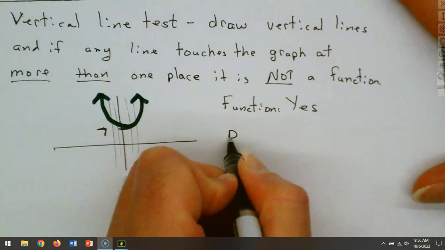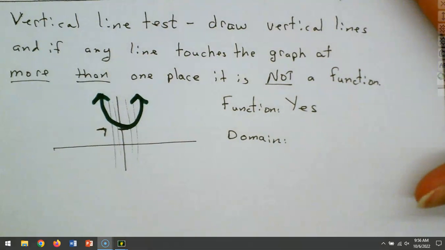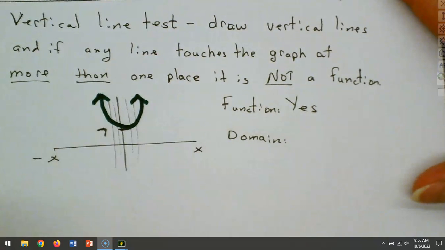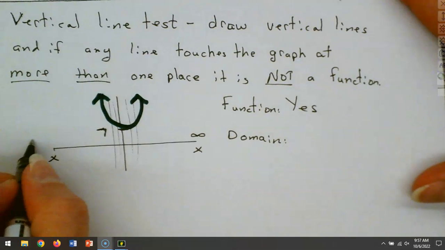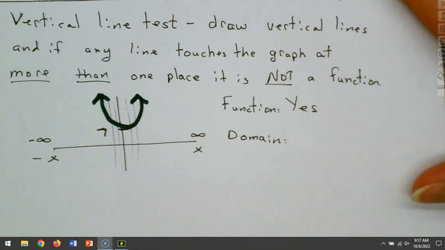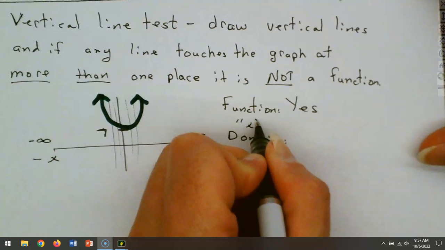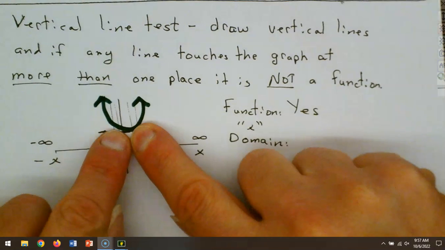And now we talk about our domain. Here's negative x and here's positive x, and this is negative infinity and positive infinity. Remember, these are our x's. Now, what we're looking for is the domain, and the domain is the values of x. Let's look at our graph here.